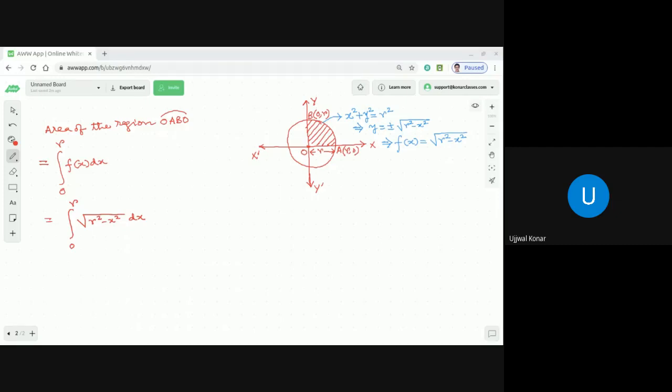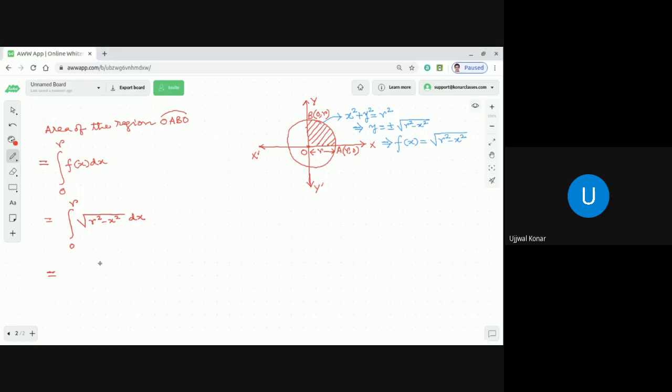That is a standard formula. Now, if you want to reinvent the wheel, you can always reinvent, but it is a matter of time. Whether you have that much time or not, you need to understand. So what is the value of the integration we are getting?